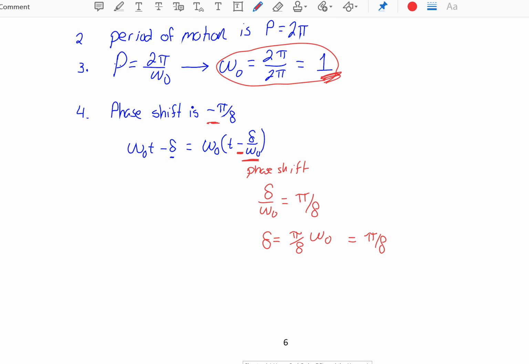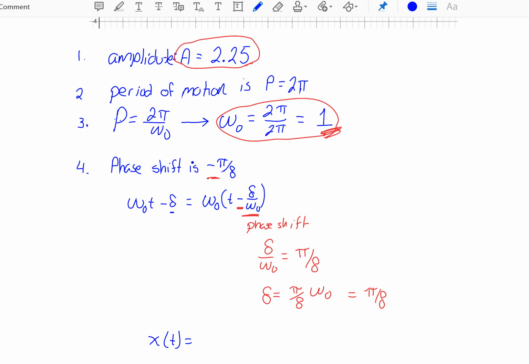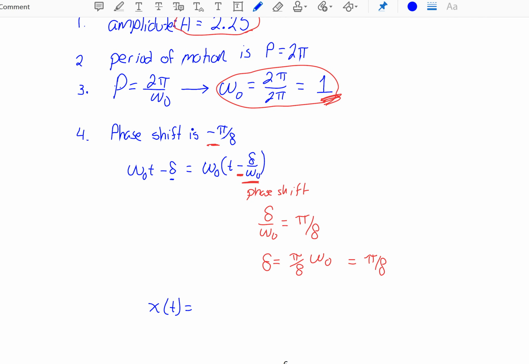So if we're now writing our equation of motion to describe this spring, it should look like x of t. Remember our amplitude was the 2.25, times your cosine of omega naught, which we determined is 1, times t, minus your phase angle, which we're saying is pi over 8.